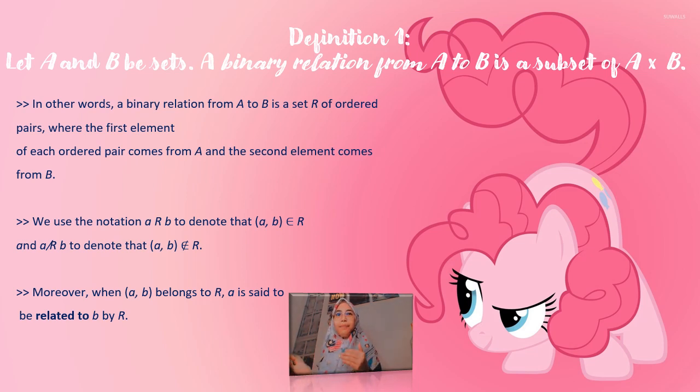In other words, a binary relation from A to B is a set R of ordered pairs, where the first element of each ordered pair comes from A and the second element comes from B. We use the notation aRb to denote that (a, b) is an element of R, and a not R b to denote that (a, b) is not an element of R. Moreover, when (a, b) belongs to R, a is said to be related to b by R.